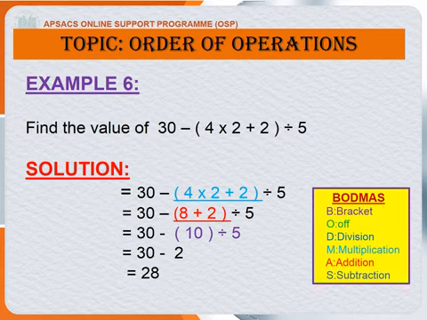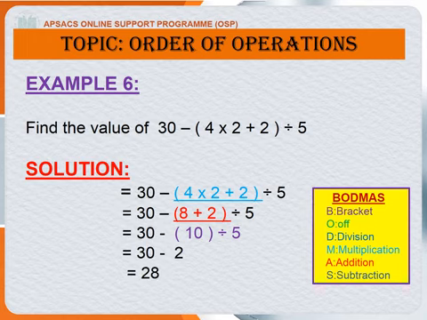Look at inside the bracket, how many operations are given: multiply and plus. So we will solve multiply first. 30 remains same, minus sign remains same, make the bracket. 4 2s are 8. Then plus 2, close the bracket, divided by 5.